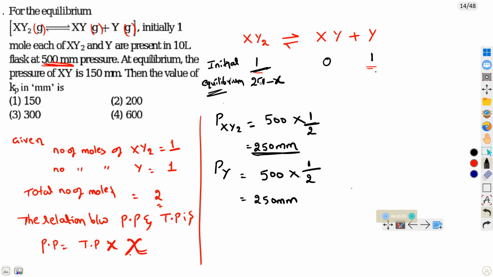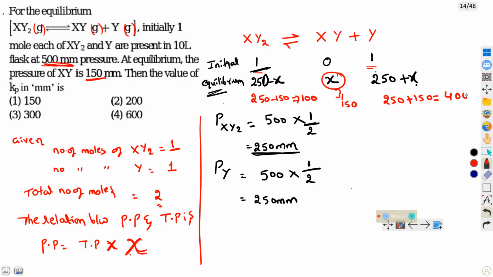So 250 minus X, X, 250 plus X. X value is given as 150. So XY2 pressure is 250 minus 150, that is equal to 100. Y pressure is 250 plus 150, that is equal to 400 at equilibrium.